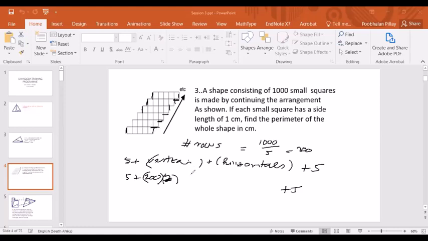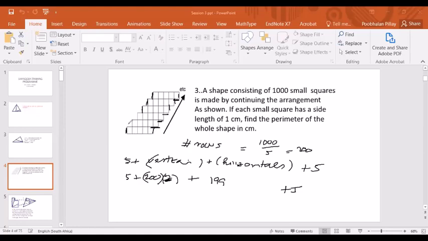Okay, now we're going to do the horizontals. And we start with this horizontal. That horizontal, you go all the way. You only go up to this point here because there's no horizontal for this. So there's actually 199 horizontals because this horizontal has already been counted here.